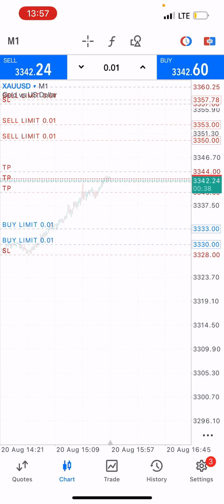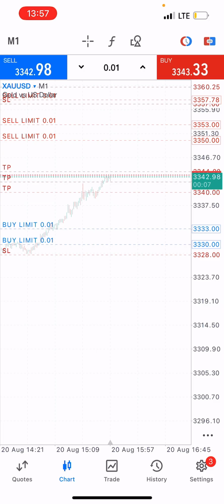So in buy limits now, because sell is coming from up down, right, and buy is going from down up, in buy the lower the number, the lower the risk, the higher the profit. The higher the number, the higher the risk, the lower the profit in buy.